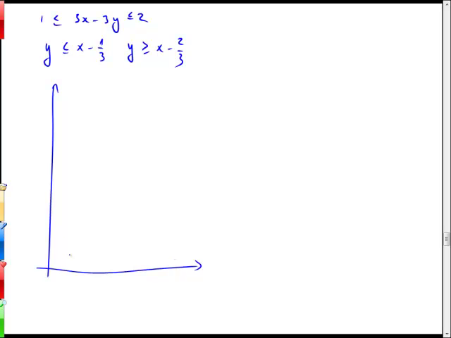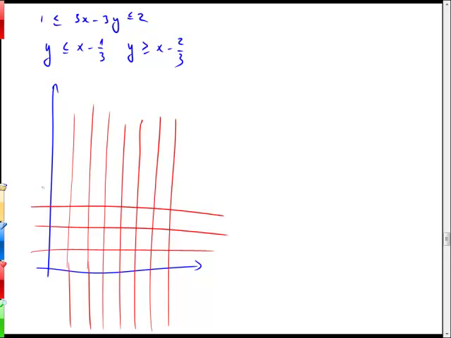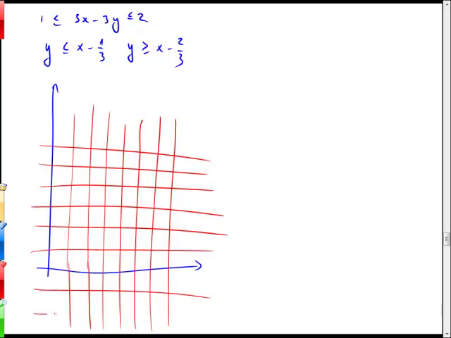If I reformulate it, just to visualize it graphically, x minus 1/3 is something like this.